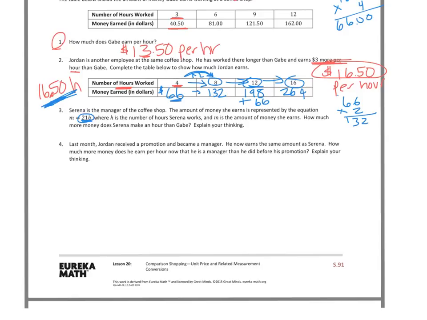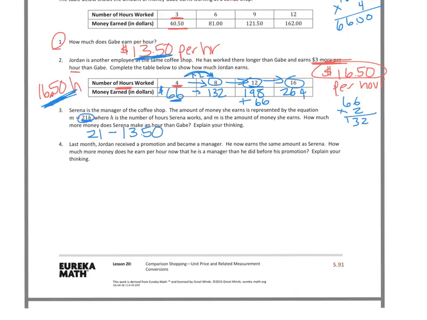I can see that right there. It also means that Gabe makes $13.50 an hour because we did that up here. So the way I'm going to find out how much more is I'm just going to subtract $21 minus $13.50 because that's for 1 hour. We'll be able to figure out how much per hour more Serena makes.